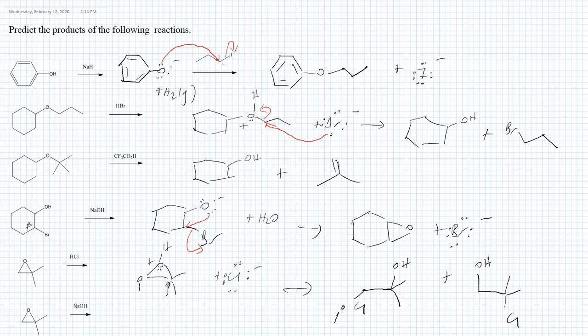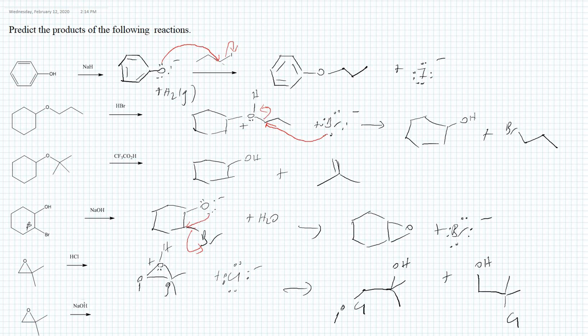Okay, let's move to the last part of the question. We have again the same epoxide, but this time it is the basic cleavage of the epoxide. So when we react bases with an epoxide, the attack is an SN2 attack at the less substituted or primary carbon.